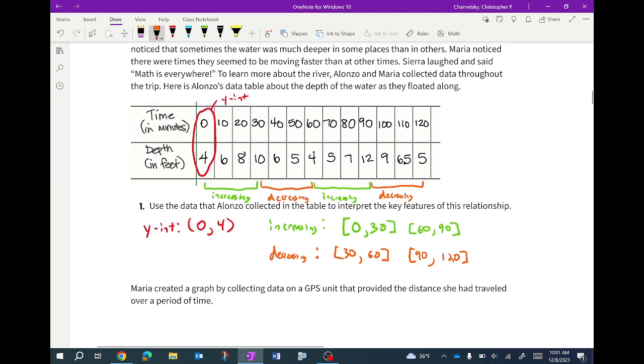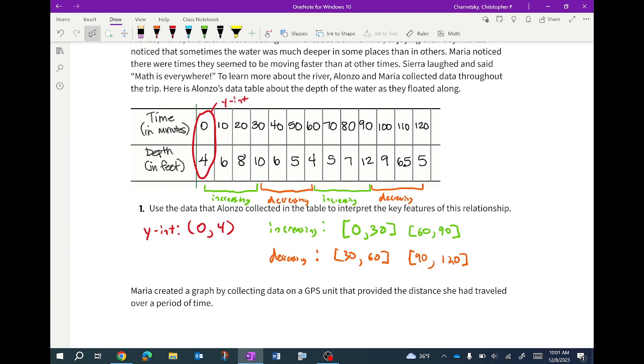There are two other key things I want to take from this table. First is our domain. So our domain would be all of our x values in the graph. Where do we start in the x values and where do we end up?